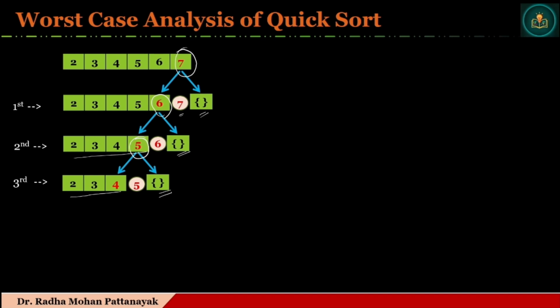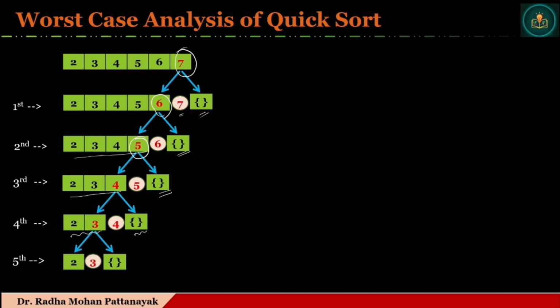Okay? So in this way, if you continue the procedure, in the next iteration, the left sub-array will contain 2 and 3, and the right sub-array will not contain any element, right? Then you will divide, and you will get 2 as the left sub-array, then 3 as a pivot, and after that there is no element present inside the right sub-array.